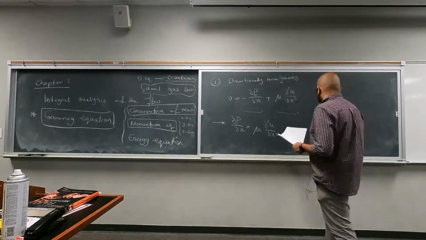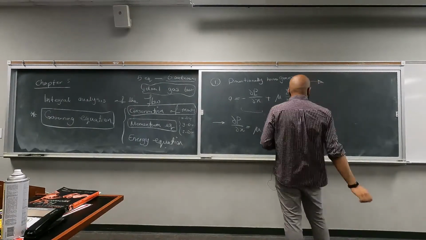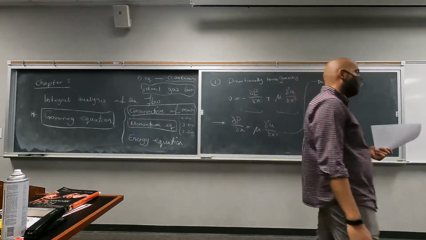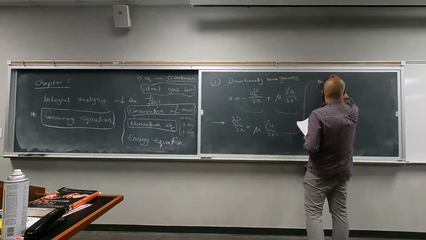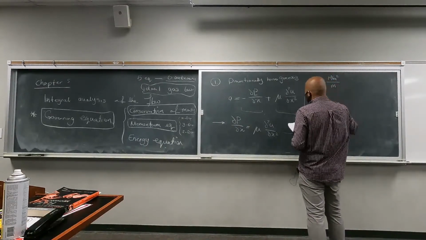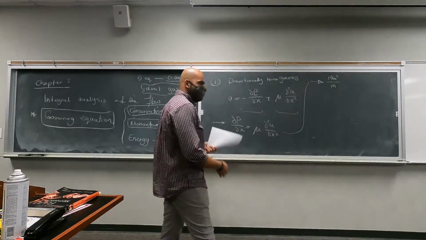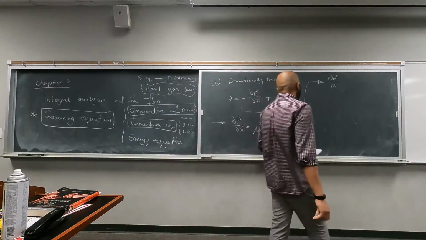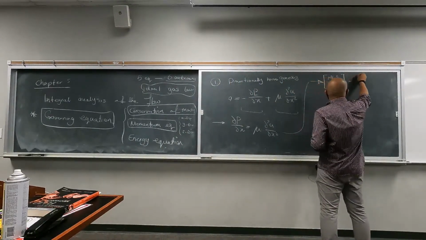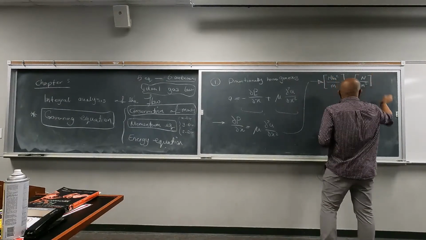Then we have pressure. What is the dimension of pressure? Pressure is force per unit area, so newtons per meters squared, divided by length x, meters in SI. You could have done the imperial units as well. So left-hand side, the dimensions are going to be newtons per cubic meters.